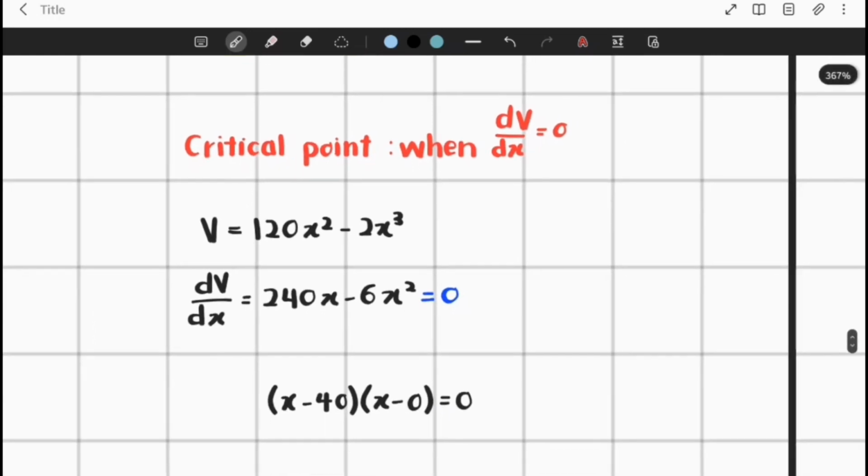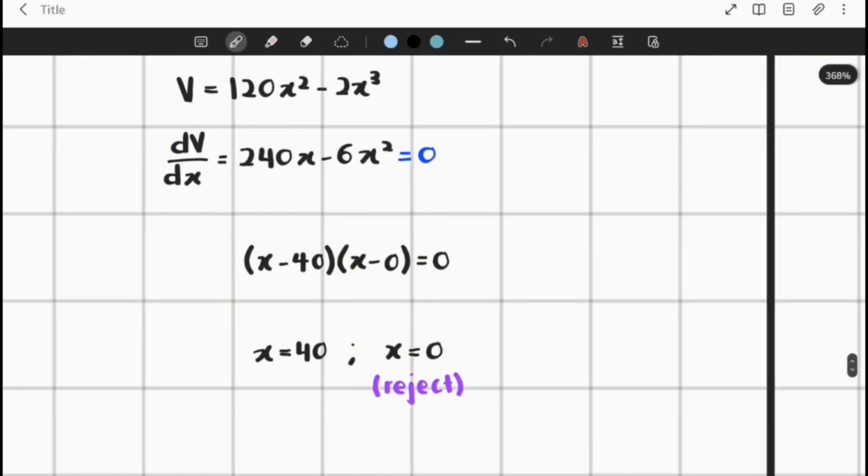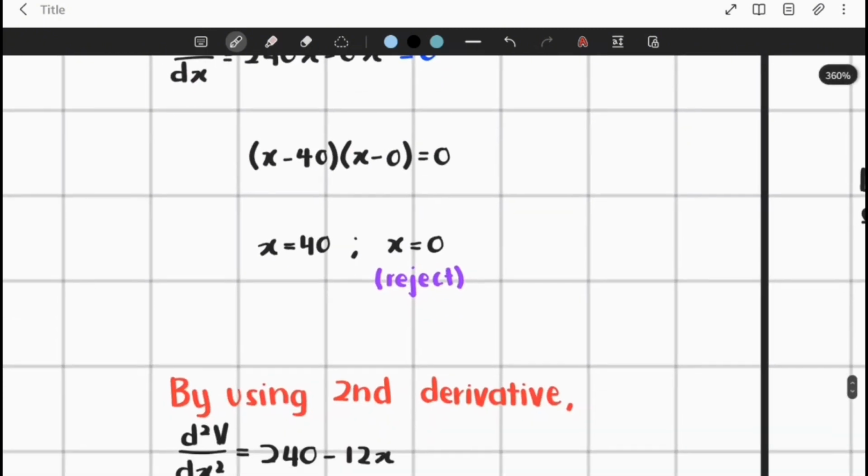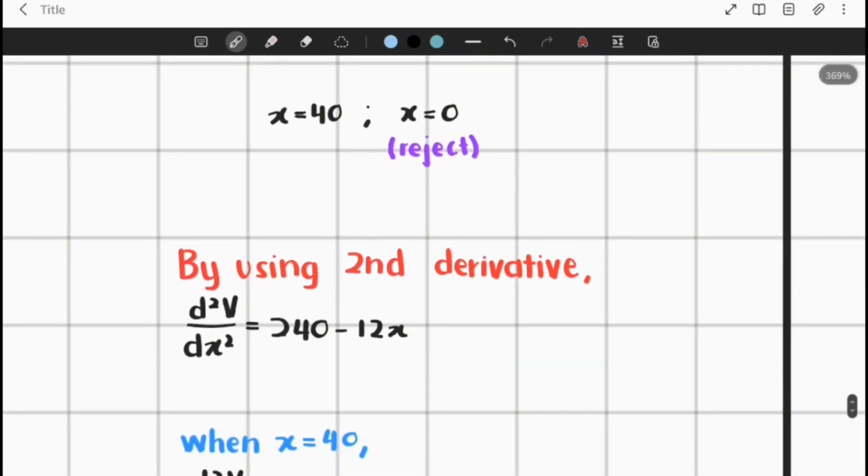So we equal that to 0, and we get two values of x, which is 40 and 0. So first, let's know that we are on the right track, which is we want to find the maximum volume which the question wants.